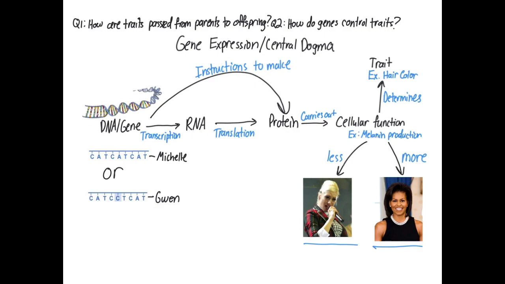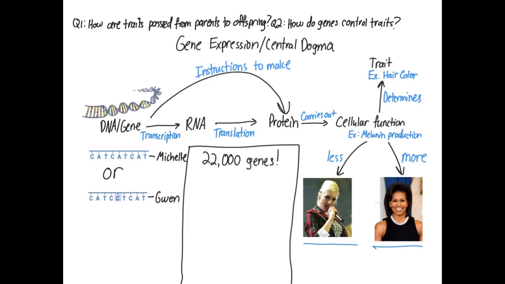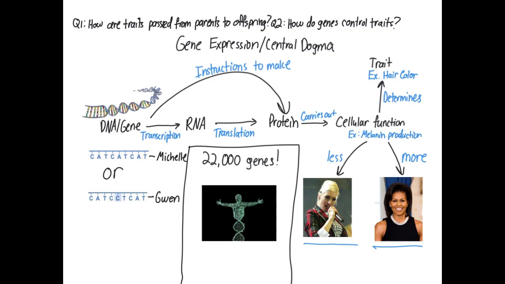Now, humans have around 22,000 different genes, each with a different DNA sequence, and each encoding a different protein that carries out a different function. And they're all being expressed at this very moment inside the cells in your body.